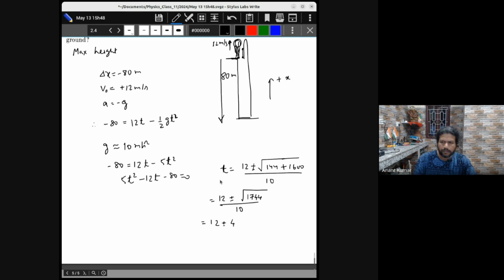Obviously, if we take the negative number, you're getting a negative root. Can't that negative number have any significance over there? What do you think? No significance at all?